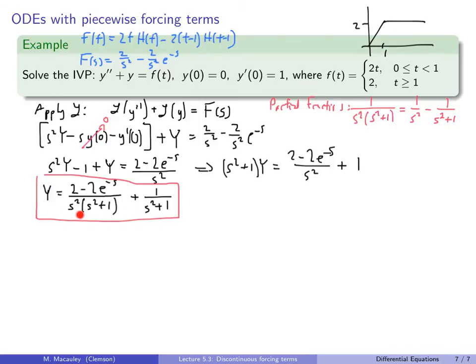We want to split this up into two fractions, 2 over this minus this thing over that. So I'm going to write this as 2 over s squared minus 2 over s squared plus 1.